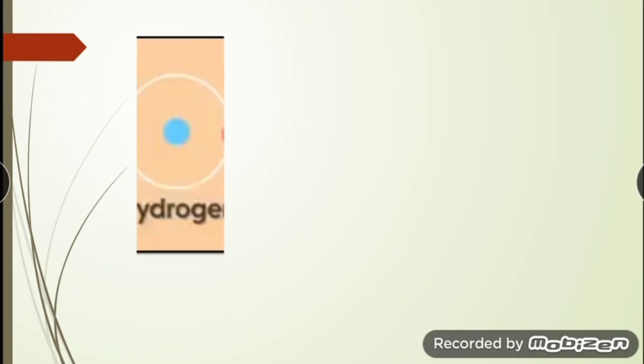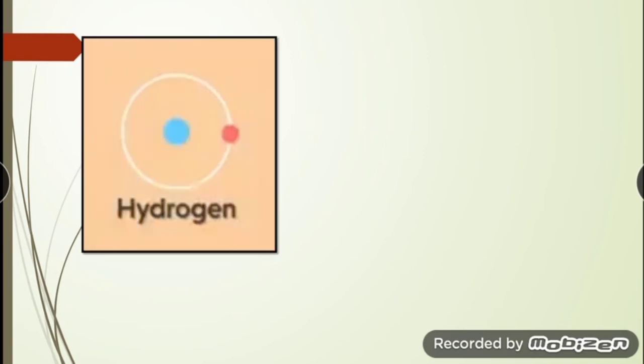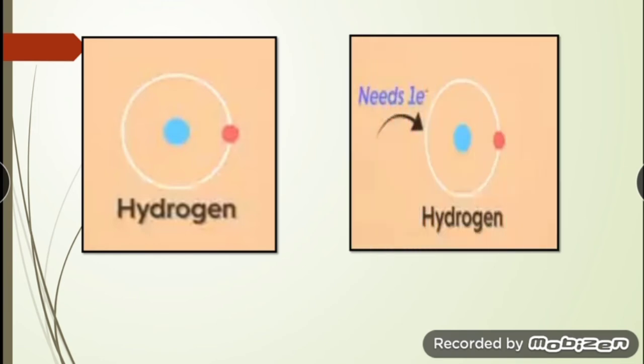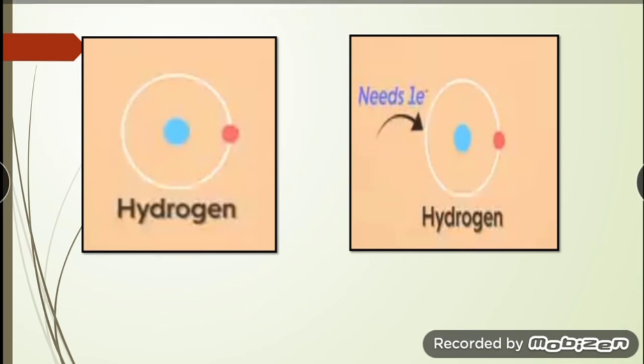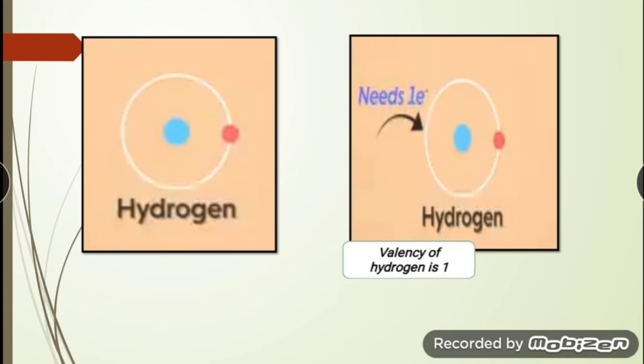Let me give some examples to understand the concept of valency. In the case of hydrogen, we have just one electron in the outermost shell. That means it wants one more electron to achieve its duplet state. Why duplet state? So that the hydrogen atom can become stable. Here we can say the valency of hydrogen is 1.